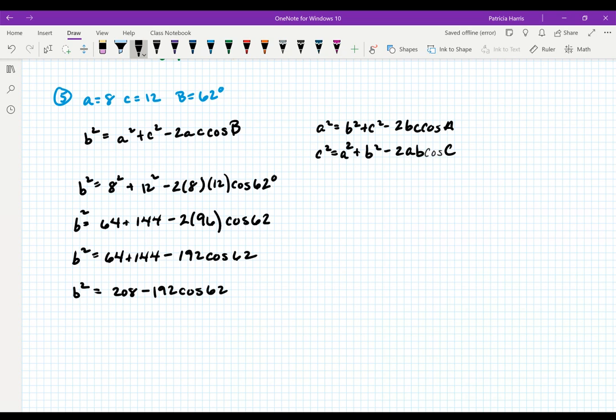Now I'm going to multiply negative 192 by the cosine of 62. I'm doing it step by step, as if my calculator can't handle all this information, with a little bit of rounding.